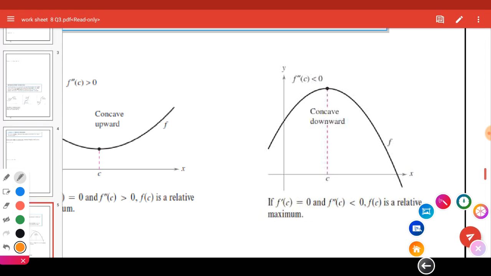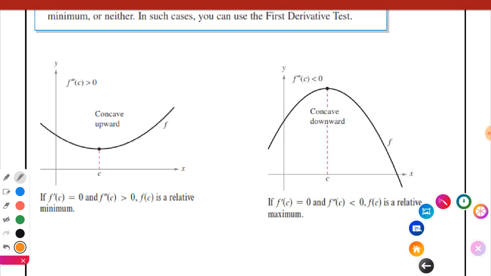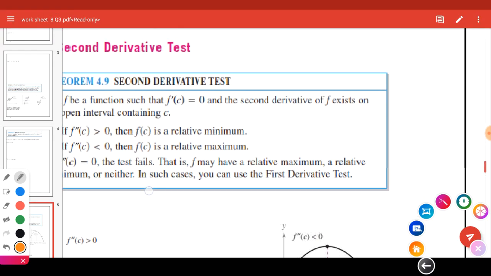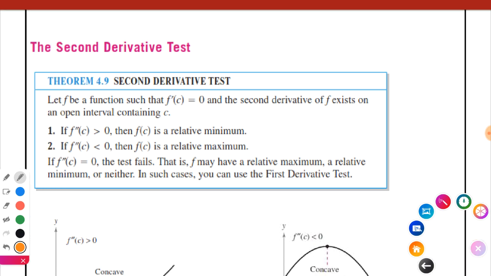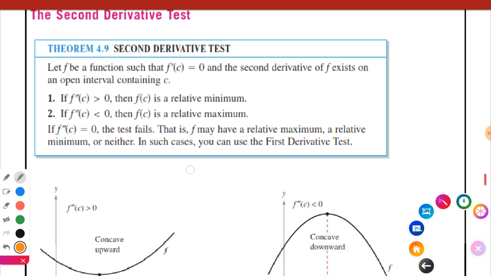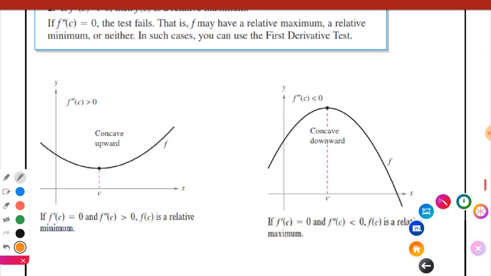As you see here, please focus, we find the zeros of the first derivative, okay? And we replace in the second derivative the zeros only, not the values where the derivative does not exist.